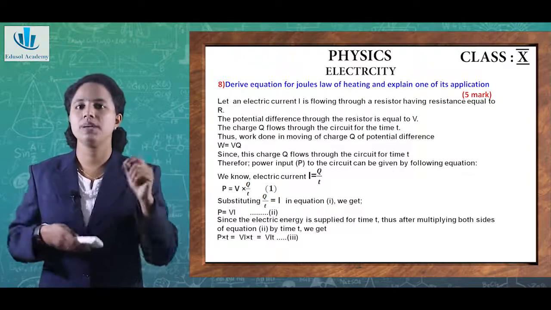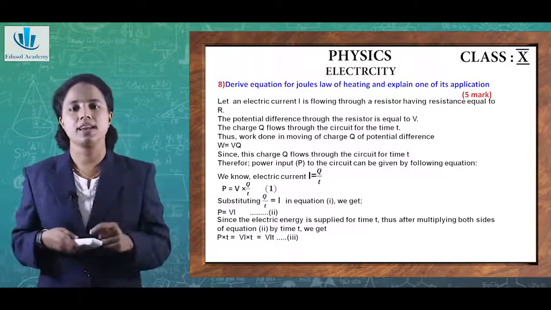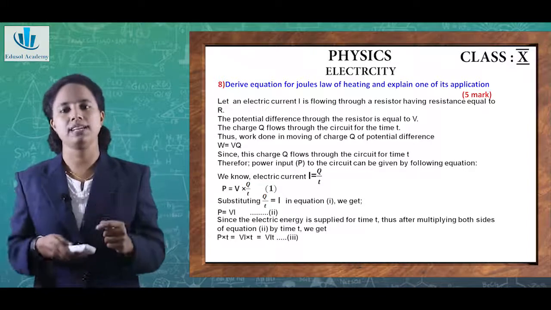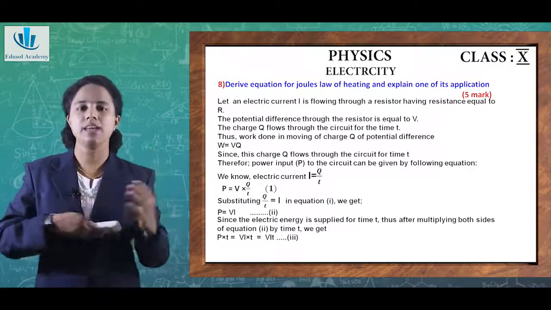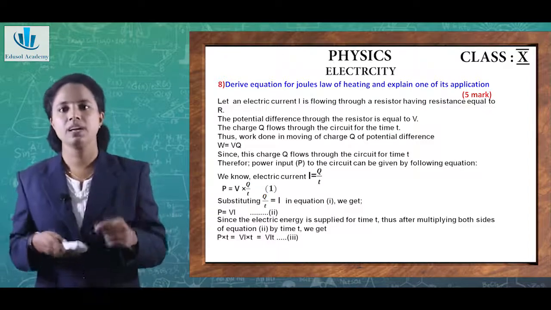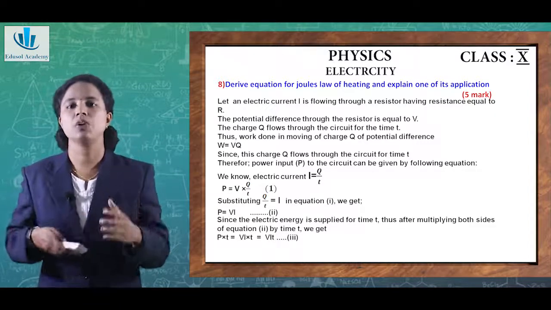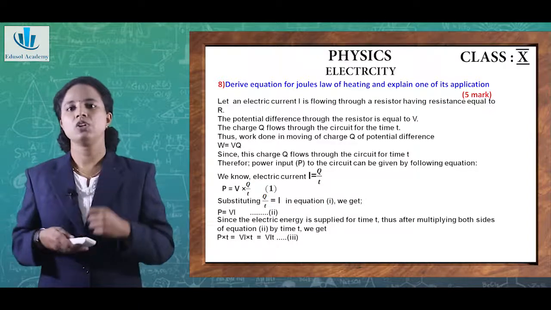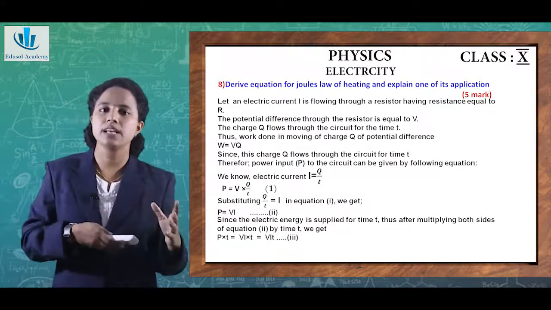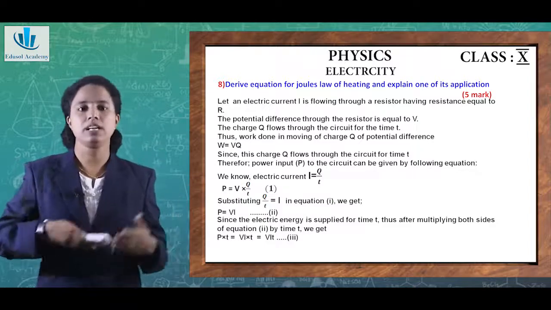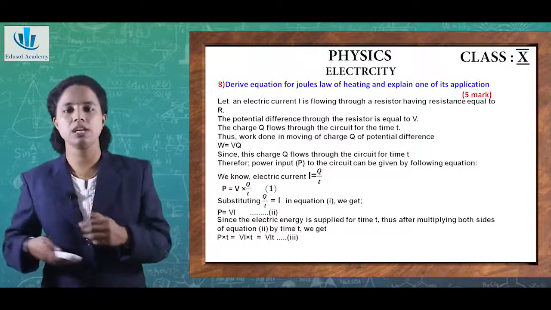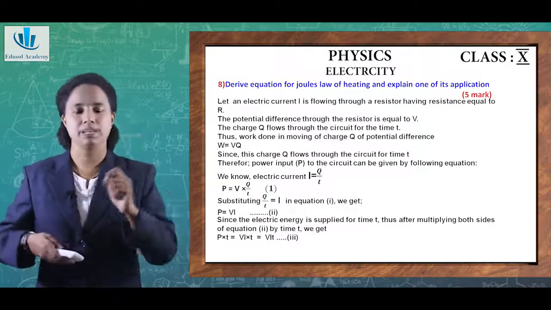We know the basic equation for electric current, that I equals Q by T. So if we substitute Q by T equals I in the equation, we finally get P equals V into I. Since the electrical energy is supplied for time T, we can obtain it by multiplying both sides of the equation by time T.